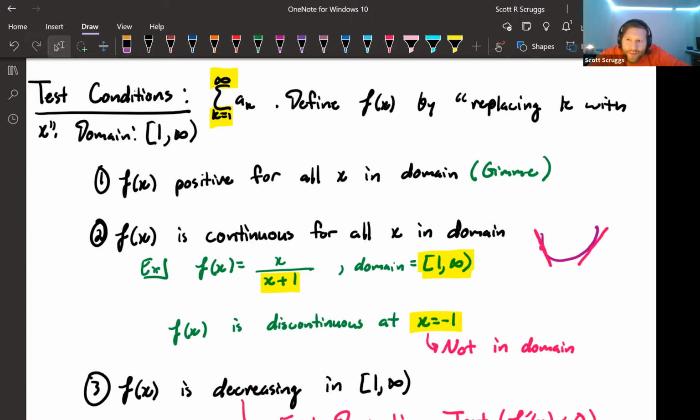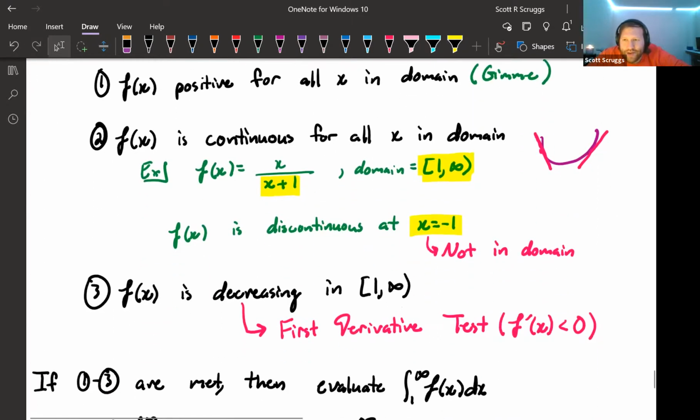Define my domain to be where the series begins to where the series ends. And then I have to check three conditions. Condition 1 is that my function is positive for all x in the domain. This one is usually a gimme, so we don't have to think about that too much, but we do need to state it because it is a condition for us to win.